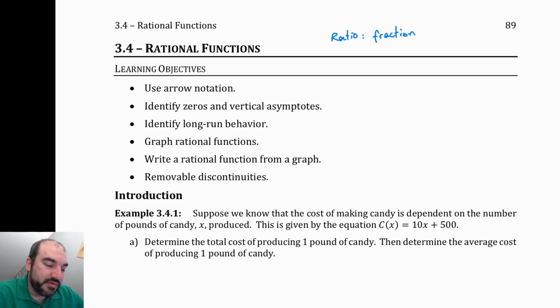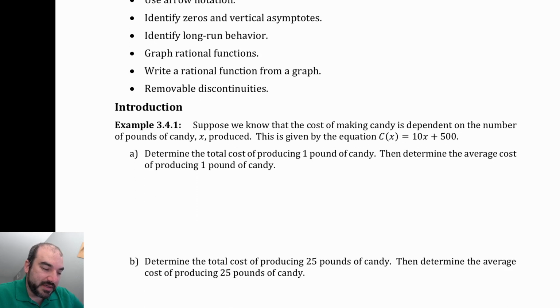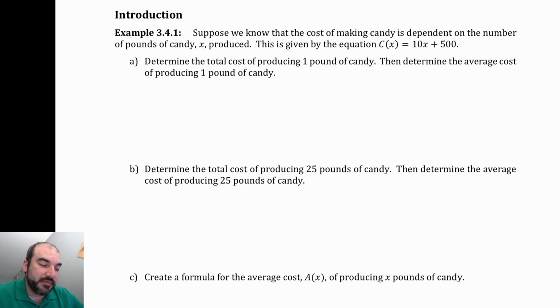So when we talk about rational functions, we're going to be talking about functions that have variables in the form of a fraction. There's going to be variables in the numerator of a fraction and variables in the denominator of a fraction to a point which we cannot simplify the fraction and get rid of the numerator or denominator. So we're going to start with a basic application of where rational functions come from.